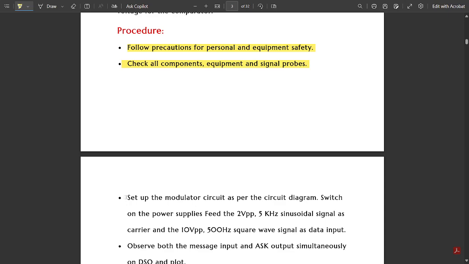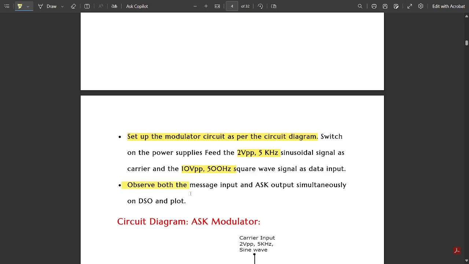Next, set up the modulator circuit as per the circuit diagram, that is, rig up the circuit, do the connections, and switch on the power supplies. Then set the function generator for the message and carrier signals as required. Then observe the output waveforms, both message and carrier, and also the ASK output simultaneously.